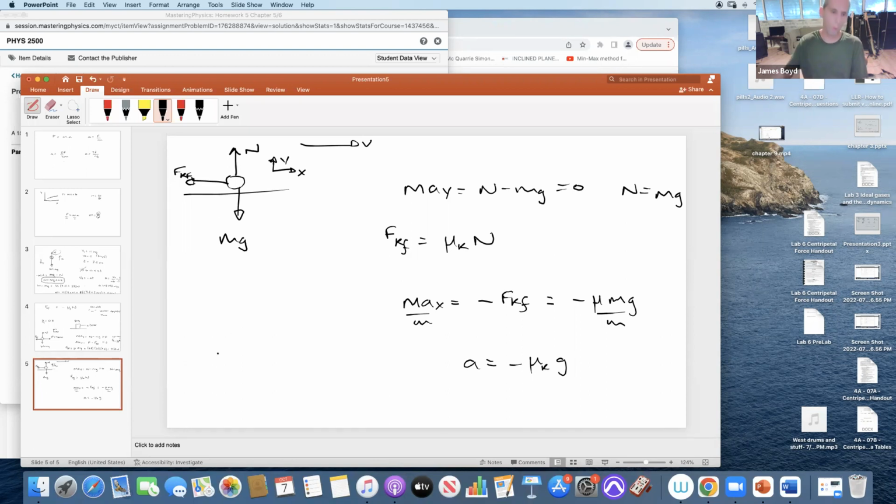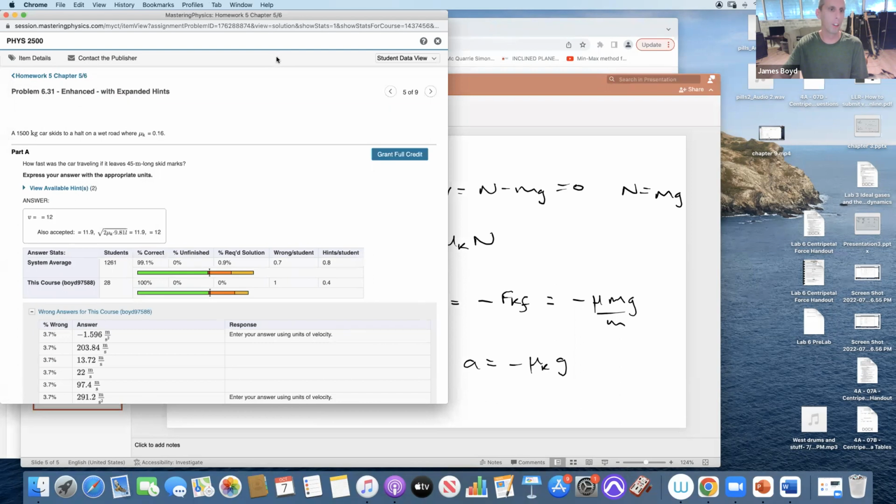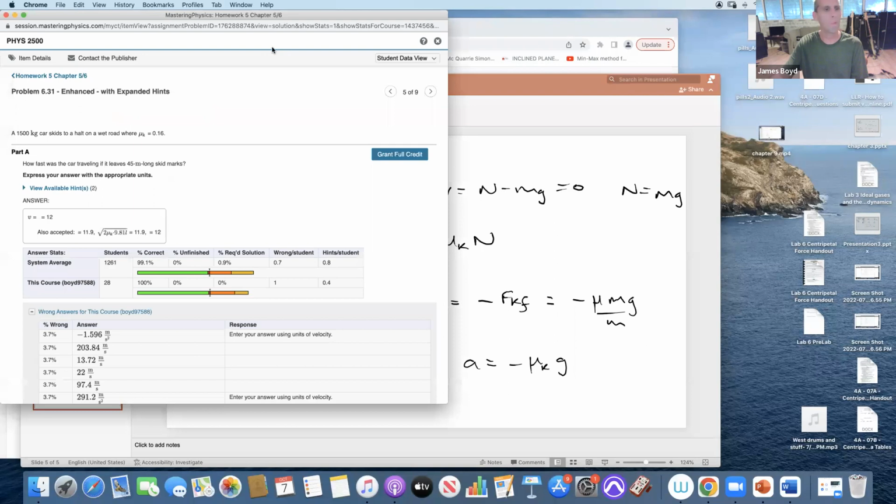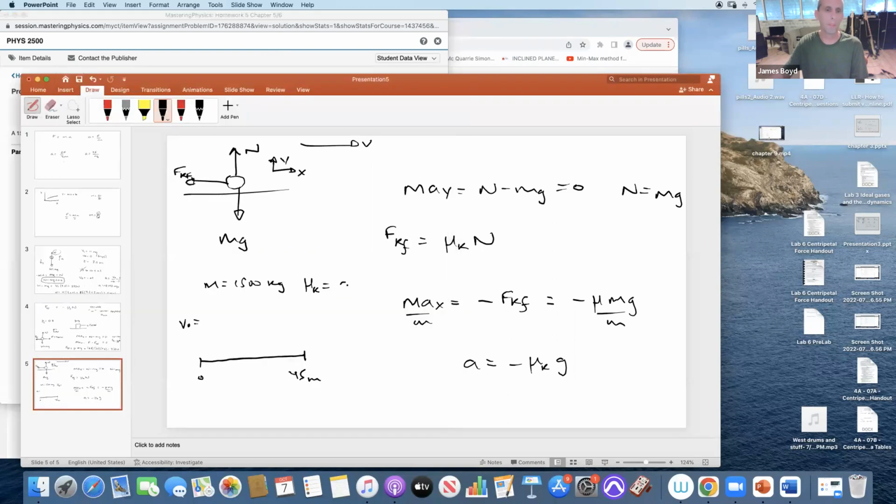However, I'm told that there's 45 meters of skid marks. So from where we start measuring to 45 meters, we know that V initial, actually we don't know how fast it was traveling. We know that the mass is 1,500 kilograms, and we know that mu k was 0.16. We want to find V initial. V final is 0. It comes to a halt, meaning it stops.